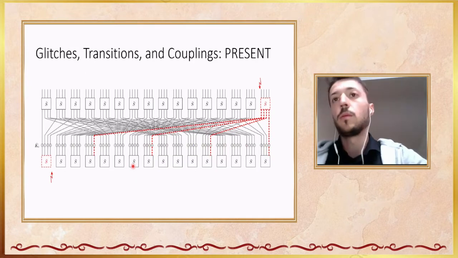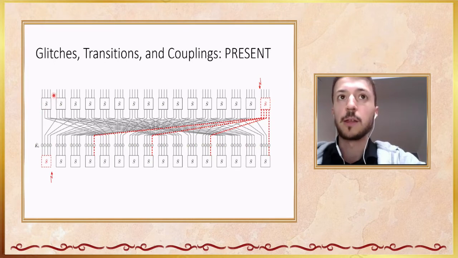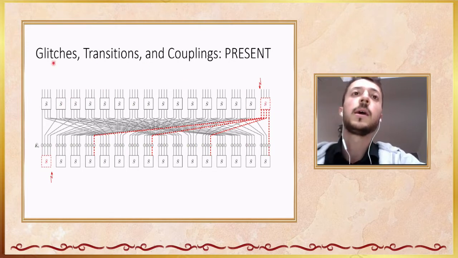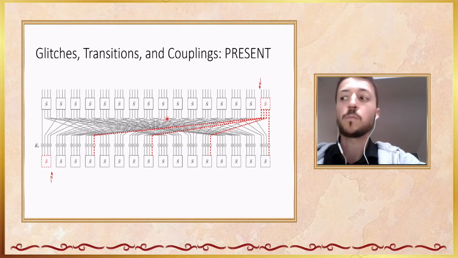And again, the study is basically the same. If we take PRESENT again, we now need to look at a share-serial architecture. A share-serial architecture just means we first calculate the first output share of the first S-box, the first output share of the second S-box, go through all of them till you went through your whole layer, and then you calculate the second output share of the first S-box, and you go through everything again.